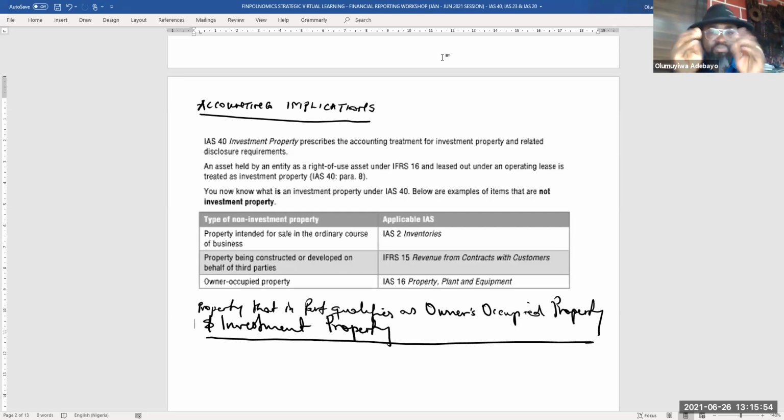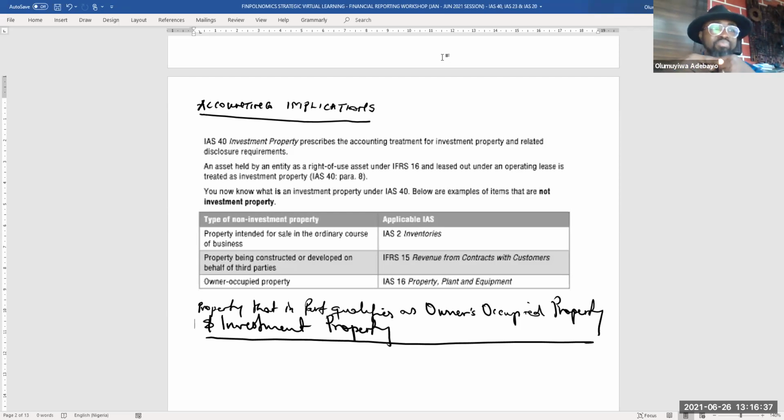Okay, it's going to be dicey, but there's a guidance. The guidance is this: we can only consider that property to be in part owner-occupied and in the other part investment property only if the entity, by nature, does not necessarily occupy a significant portion of that property, such that it will have negated the principle that it is partly investment property and partly owner-occupied for administrative use.